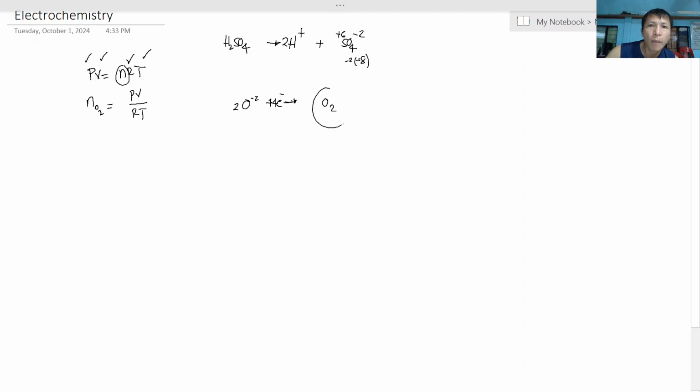This is the problem. So you will use that relationship, your stoichiometry, that it needs 4 moles of electron per 1 mole of oxygen. Since we have already computed the number of moles of oxygen, we can compute the moles of electrons.